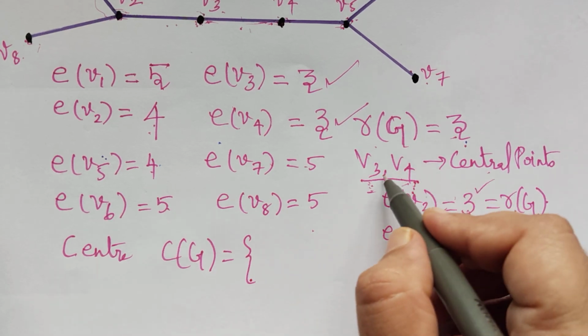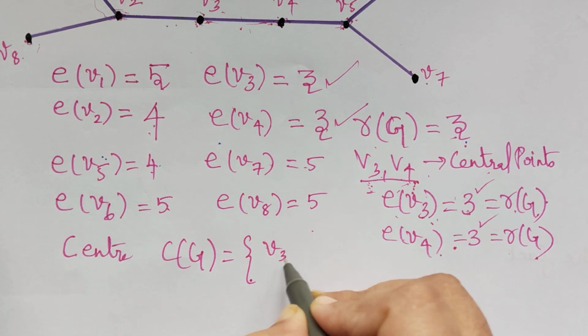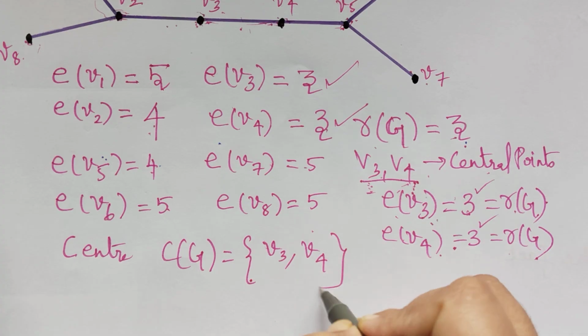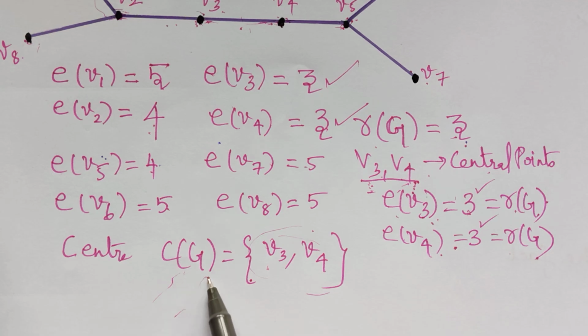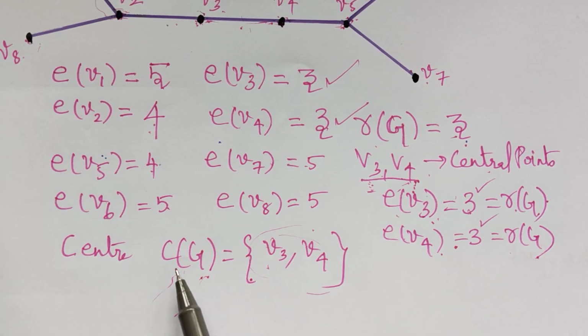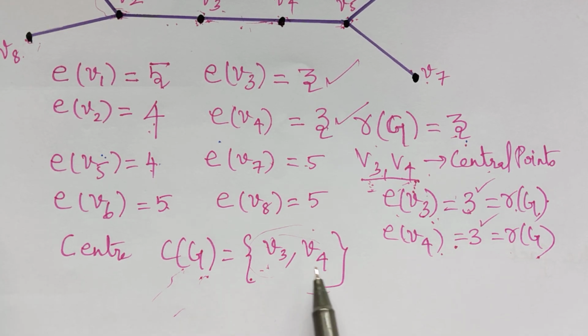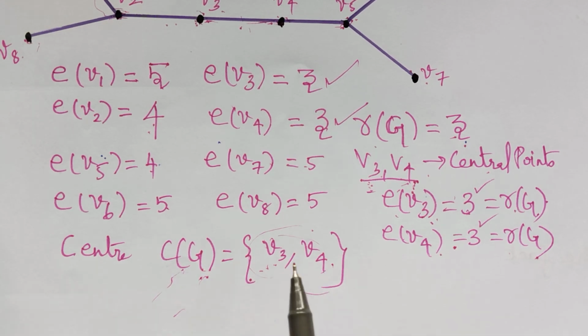So what are the central points? V3, V4. Therefore the set of all central points gives us the center of G. In our previous example, there was only one point, because there is only one element in C of G, because we had only one central point. Now here in this example, we have two central points. Therefore, C of G is equal to {V3, V4}.